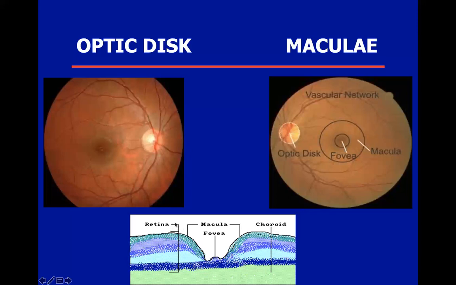This is the 11 layers of the retina. This is your macula, and your fovea is in the center. Under your retina is your choroid, and under your choroid is your sclera, the white part of the eye that we can see with the naked eye.